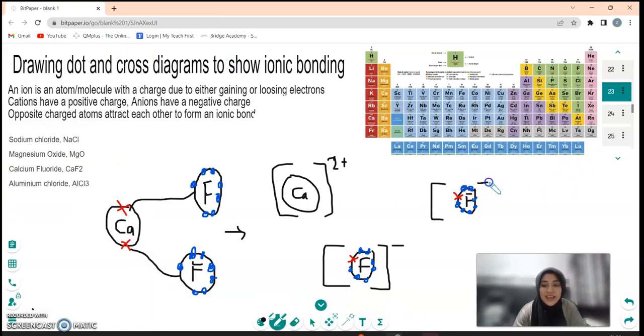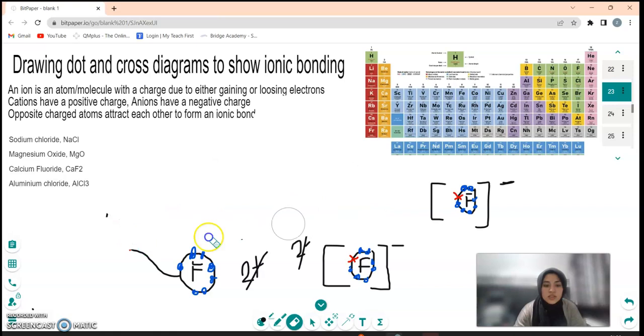And because it's only gained 1 electron, it's still a minus charge, okay? So we said that the charges should cancel out one another, and that is the case here. We have 2 plus, but when we add these individual negative charges together, we still get 2 minus. And as a result, these charges cancel out, and we get a 0 charge overall.